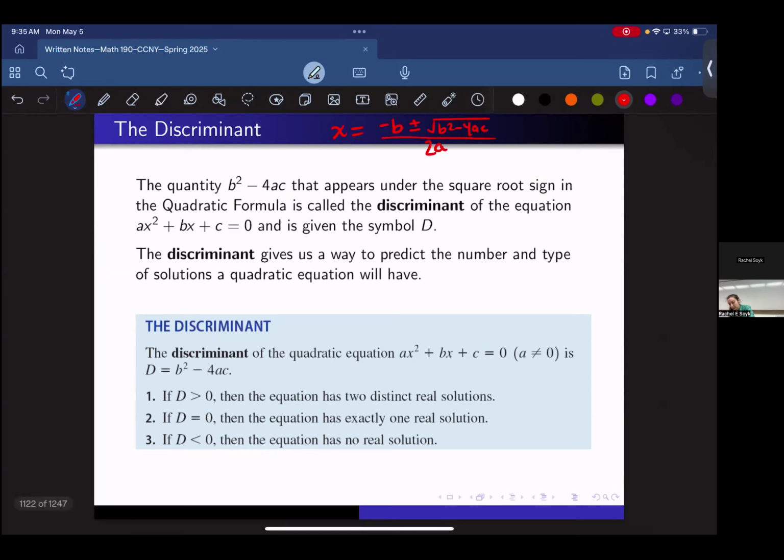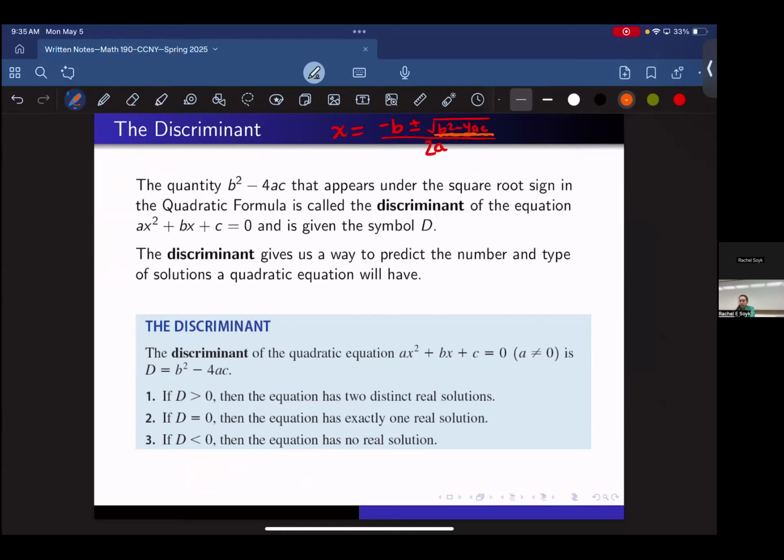Our discriminant is just the b squared minus 4ac, not even the square root. Maybe I'll squiggly it. That's our discriminant here. And how do we get these 3 different cases?